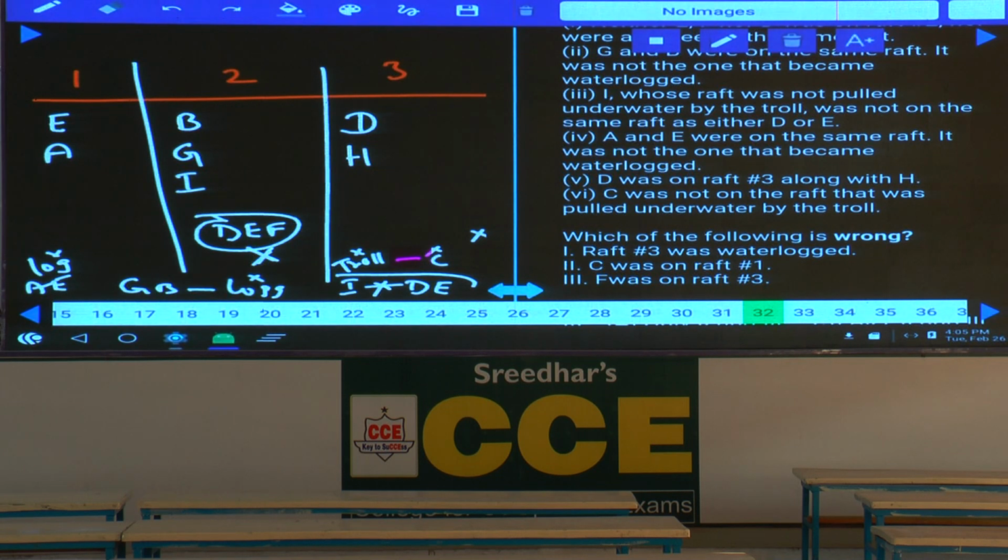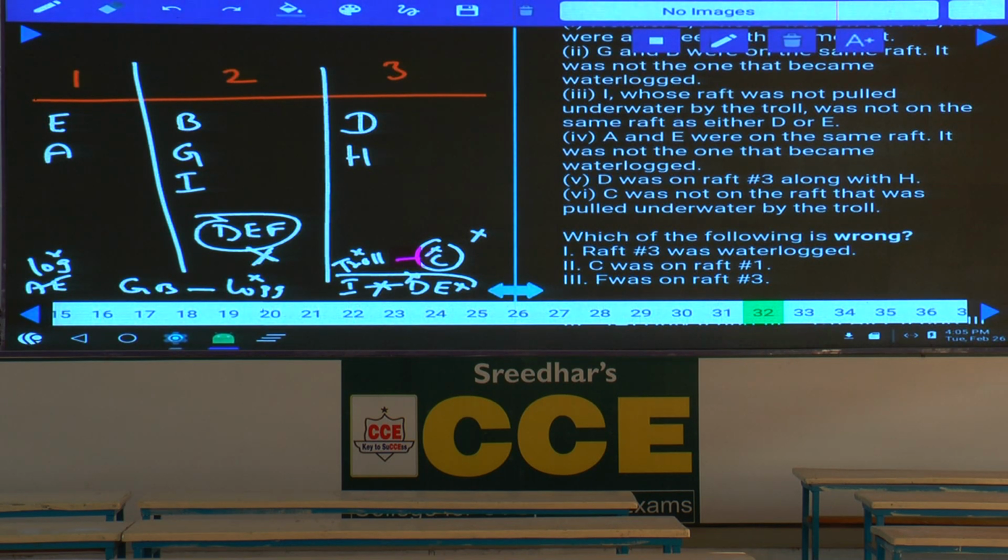C and F. C was not on the raft which was pulled underwater by the trawl. Now, the trawl cannot be C, cannot be D, cannot be E, isn't it?